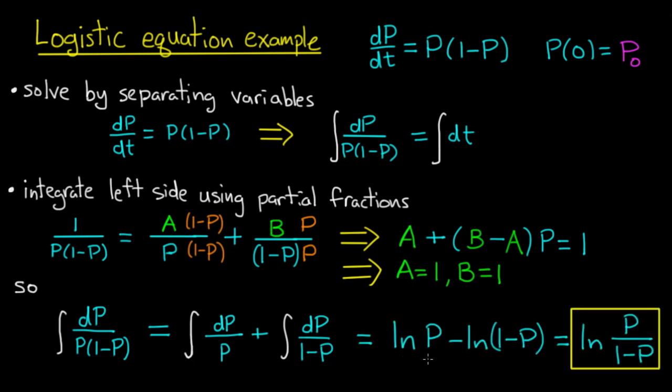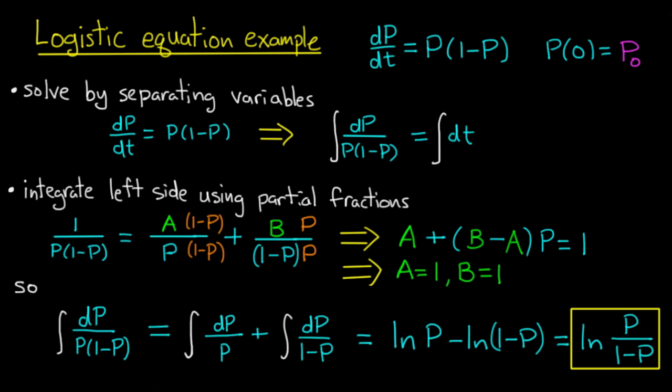The first one is the natural log of p, and the second one is negative natural log of (1 minus p), the minus sign coming from the chain rule. I won't worry about absolute values right now. Using the sum to ratio rule for the logarithm, that's the natural log of p divided by (1 minus p).